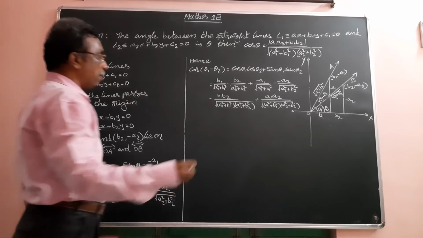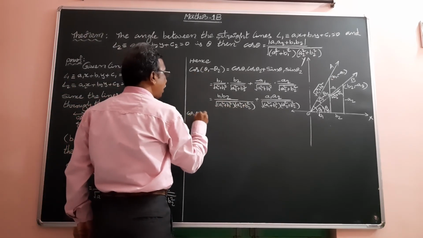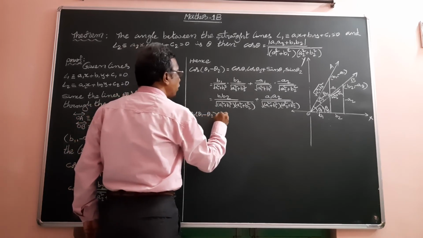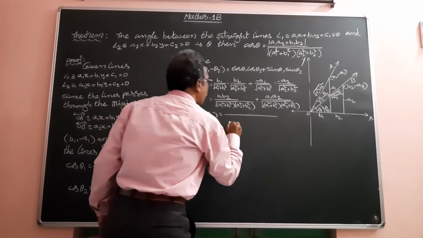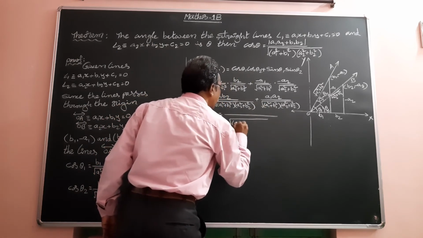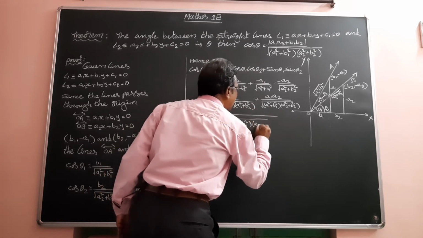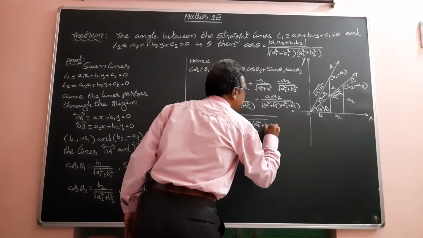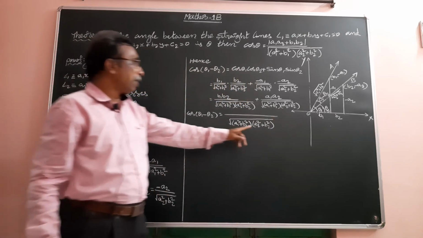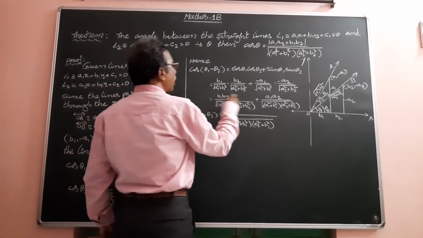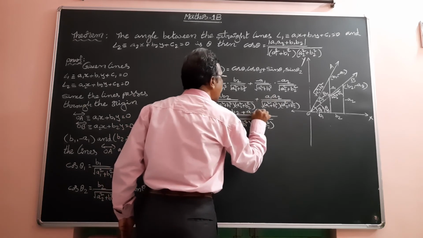Now we take LCM. Cos of theta 1 minus theta 2 equals, the LCM is the same, root of a1 square plus b1 square into root of a2 square plus b2 square. Now we write the numerator values, b1 b2 plus a1 a2.